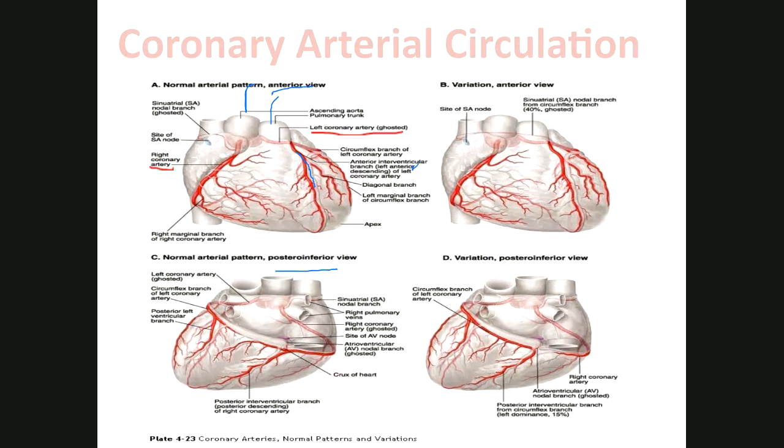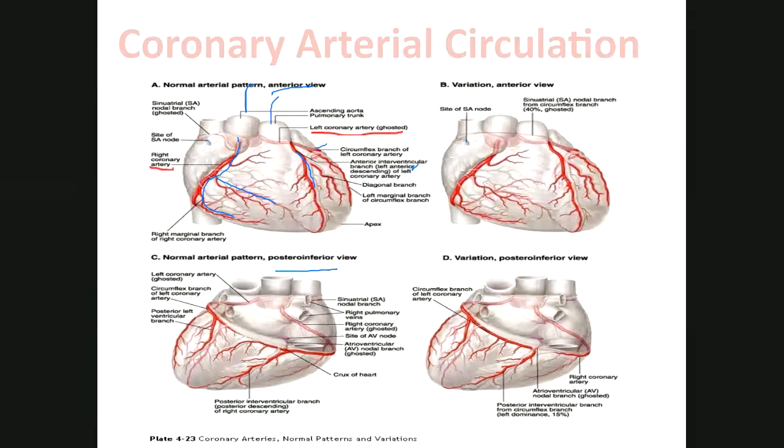The circumflex branch travels to the left off of the left coronary artery. We can see the marginal branch on the side of the heart, and then this is going to go to the back of the heart as the posterior interventricular artery.